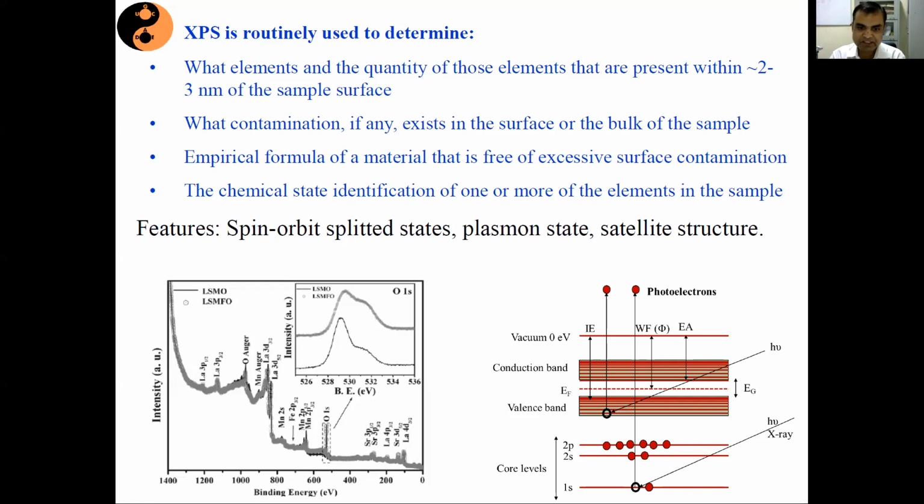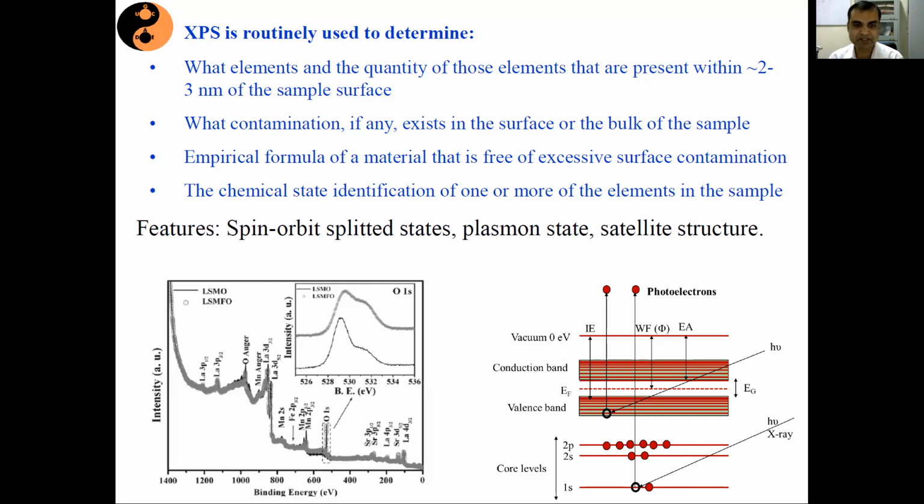Since the intensity of the emitted photoelectrons depends on the stoichiometry of that particular element, it also allows us to make an empirical formula for the given material. And importantly, it also gives us information related to the chemical state of the element present in the given material.